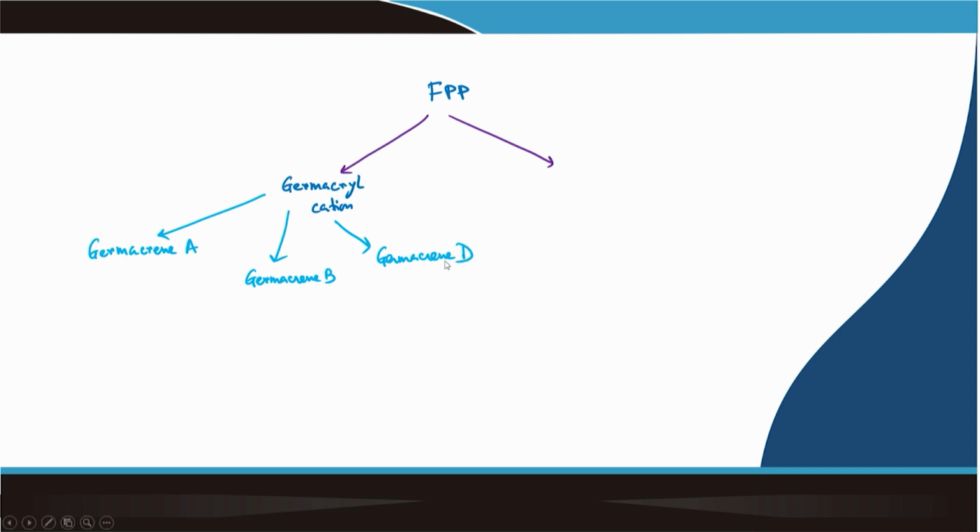Germacrene C I am not showing. So, apart from germacrene A, both germacrene B and germacrene D are produced by different rearrangements of the skeleton which originated from germacryl cation. So, from germacrene A, the pathway contributes towards the formation of epiaristolochene.